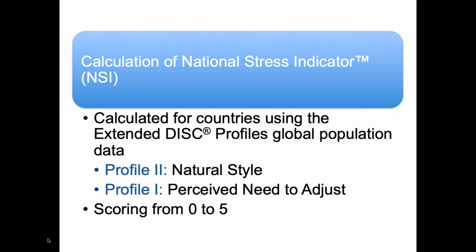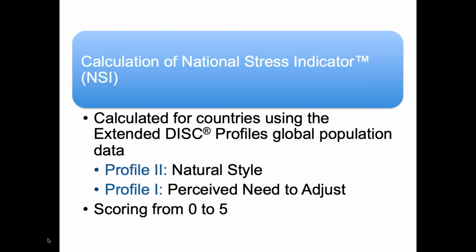So the scoring system is from 0 to 5, and a 0 means that there's no indication of a perceived negative pressure, whereas with a score of 2 or more, the higher the score, the less balanced or peaceful and less secure that population feels.